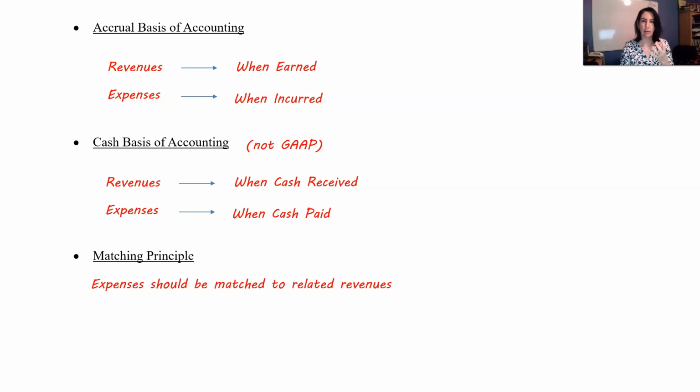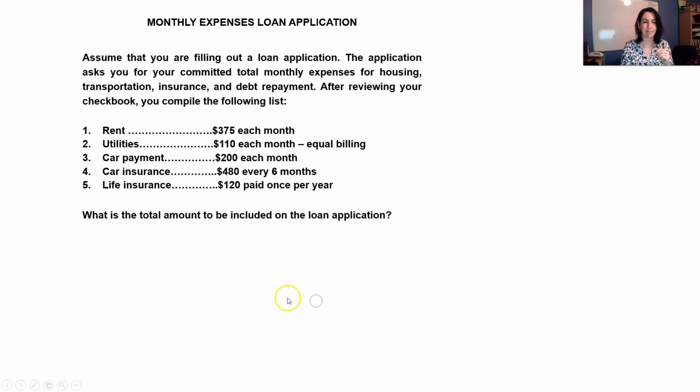All right, so if we had to pay wages of an employee to earn that revenue, then we need to record those expenses. If we used utilities during the month, but we don't get the utility bill till the following month, we're going to record the utilities in the month that we incurred the expense. And don't worry, we'll get into lots of examples. Here's just kind of a basic cash versus accrual example here.